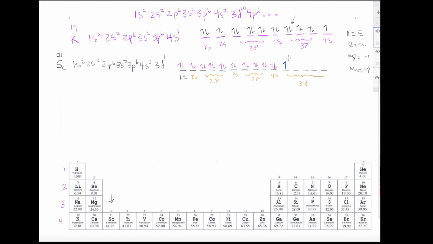So this single electron, which is shown here, could be in any of the 5 options or 5 orientations available in the 3d shell. But by convention, which means agreement, I am putting it in the leftmost platform because by agreement, or convention, we're filling left to right.